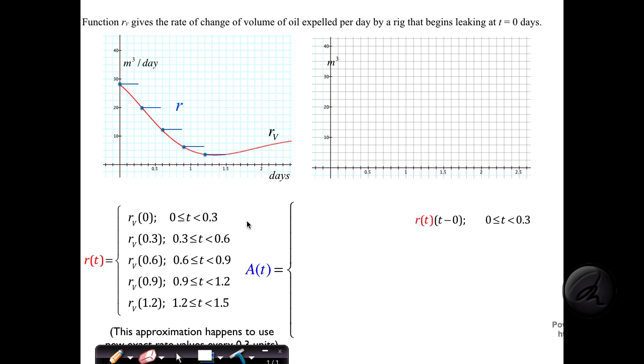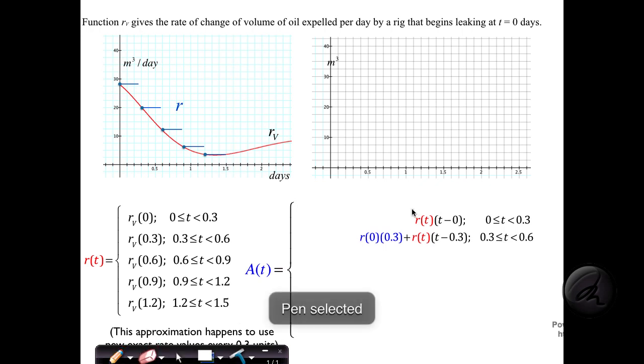So for the first 0.3 days, and I'm leaving space here because I need more space for some of the others, I just use my rate, which we said was about 28, times how far I am past 0, which is t minus 0, obviously just t. This was 28 when we were doing our approximation, only because we said, oh, between 0 and 0.3. So I just have r sub t here, which is this whole function.